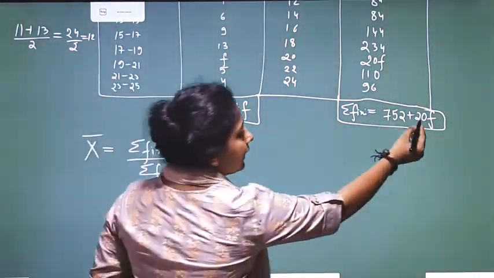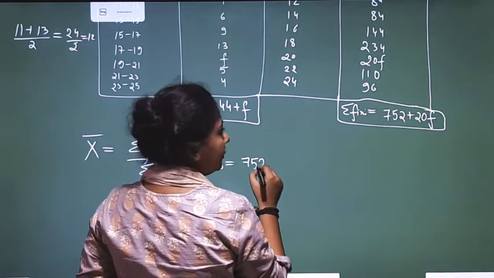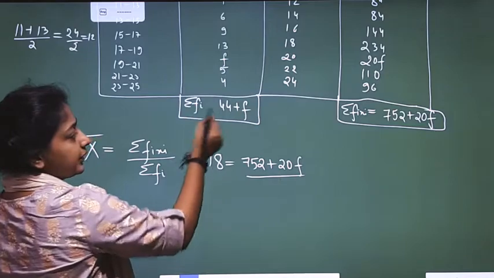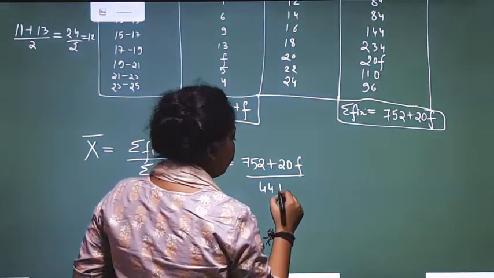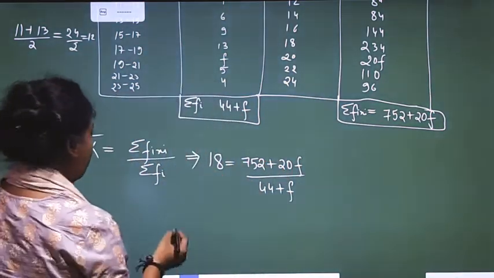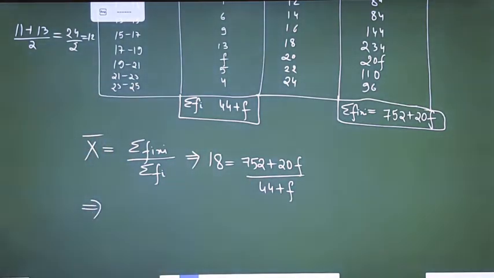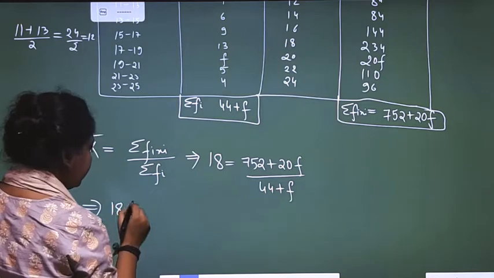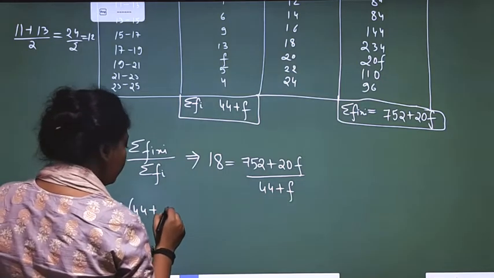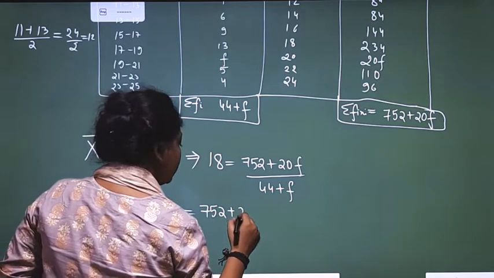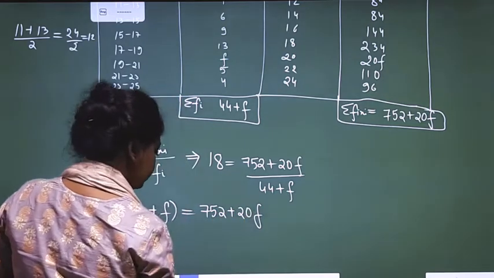Summation fi xi we have 752 plus 20f, and summation fi we have 44 plus f. So we have to solve this equation in order to find the value of f. So 18 into (44 plus f) equals 752 plus 20f.